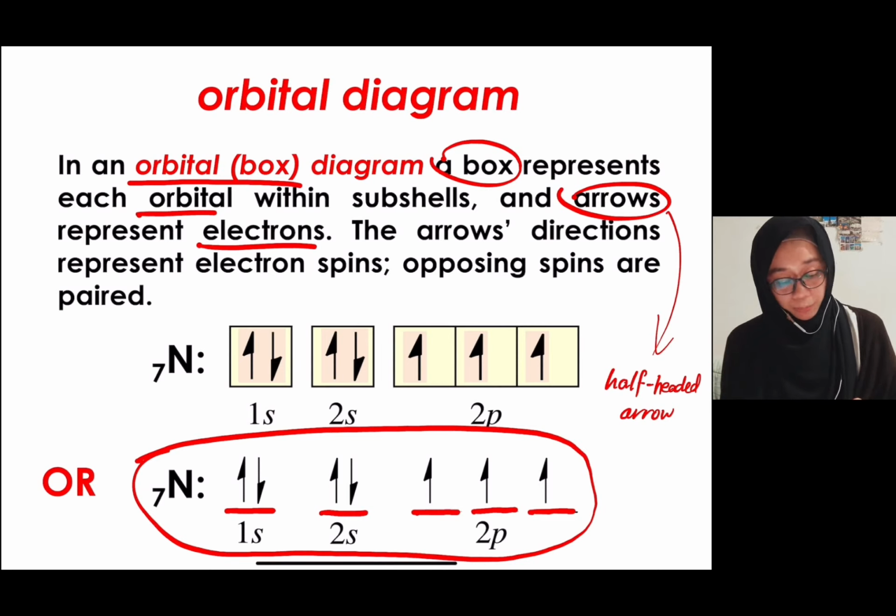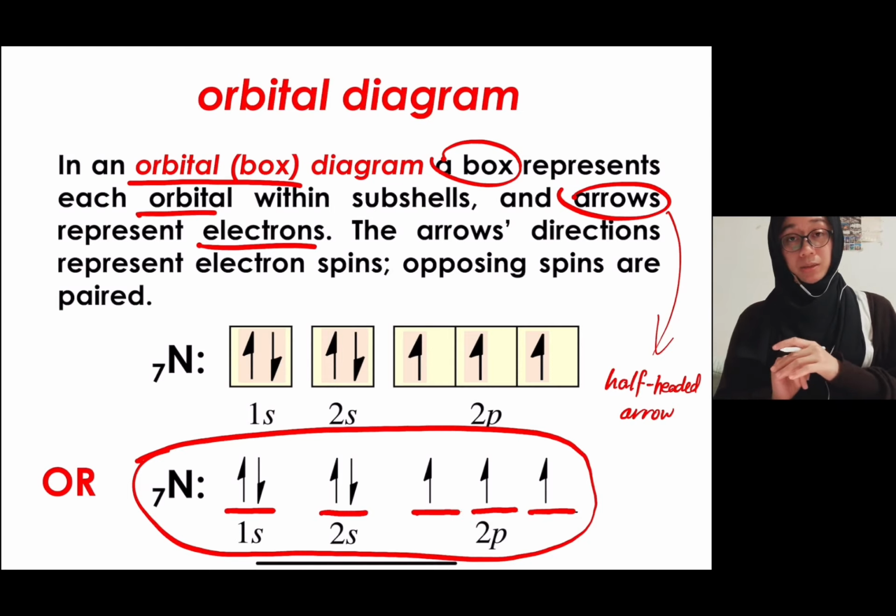So for example macam 1s pergi kepada 2s ni kan, so you can see ada space in between. Okay, and then between 2s dengan 2p ada space in between. Okay, and then even 2p ni sendiri, setiap tiga dalam in between the three orbitals, dia ada space yang kecil lah, kecil sahaja. Okay, jangan sambung terus buat satu line. Please tolong nampakkan ada 3 line untuk tunjukkan ada 3 orbital.